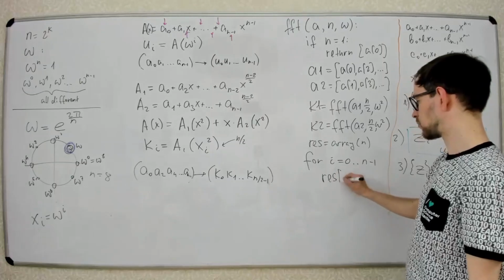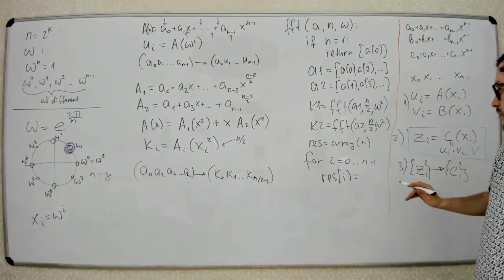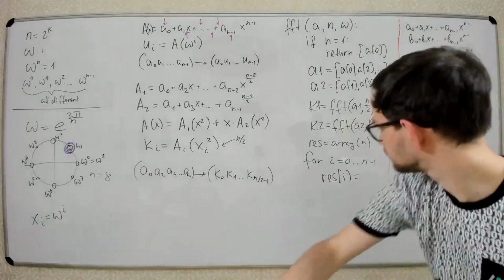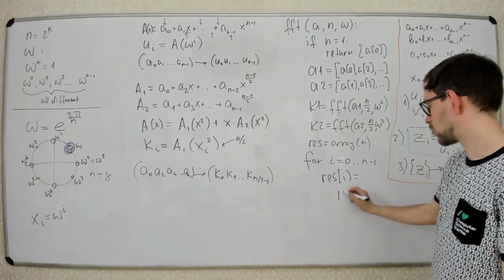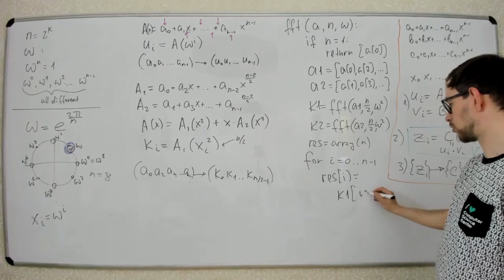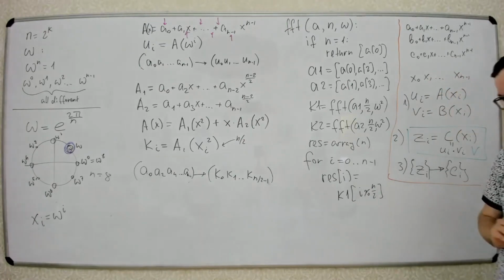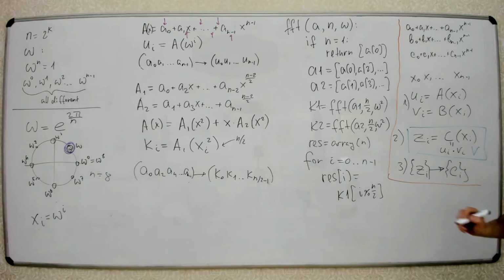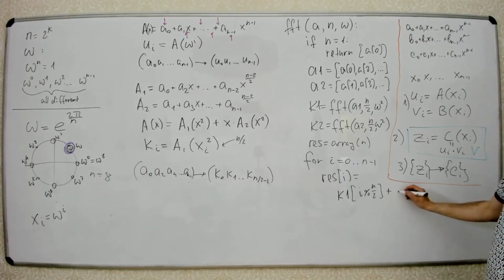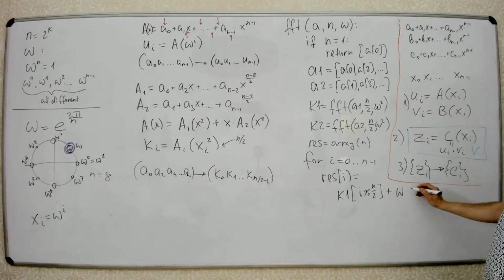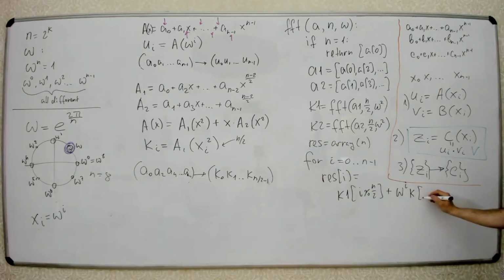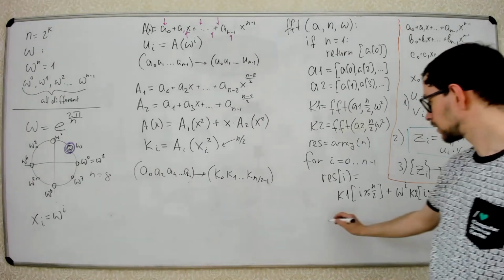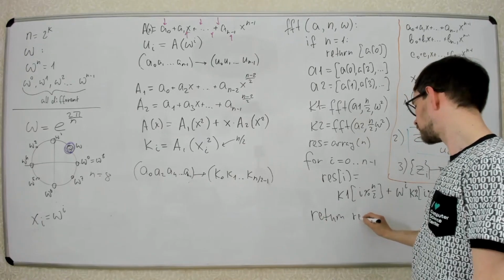So the result for point i will be the value of polynomial a1, which is k1 in position i modulo n over 2, plus w power i, which is my x, multiplied by the value of polynomial a2, k2 in position i modulo n over 2. That's all.